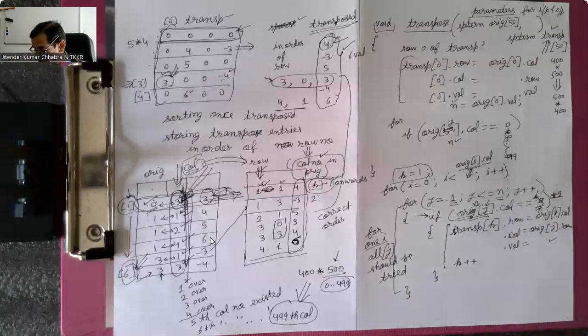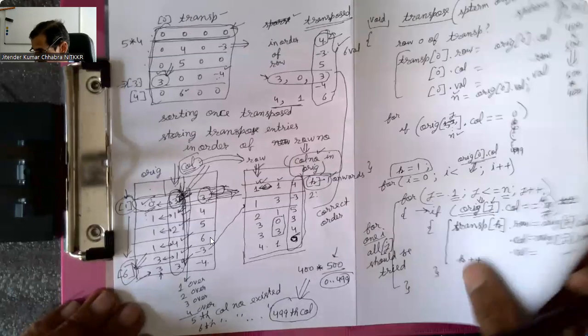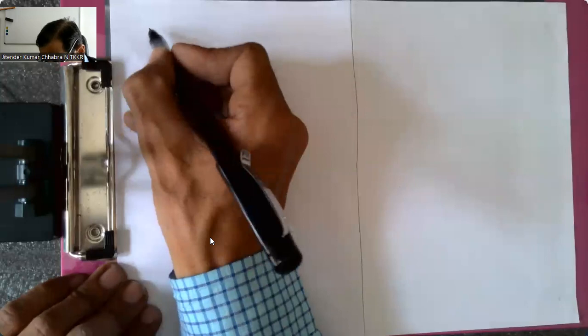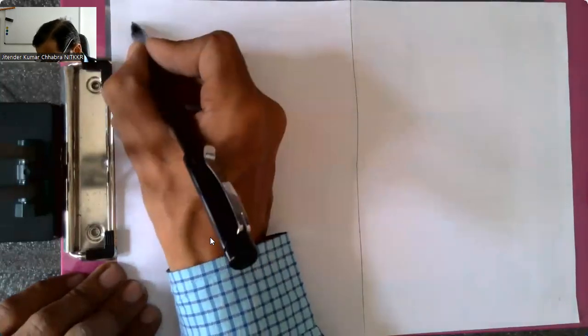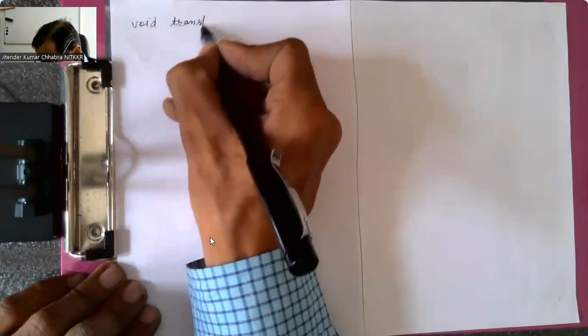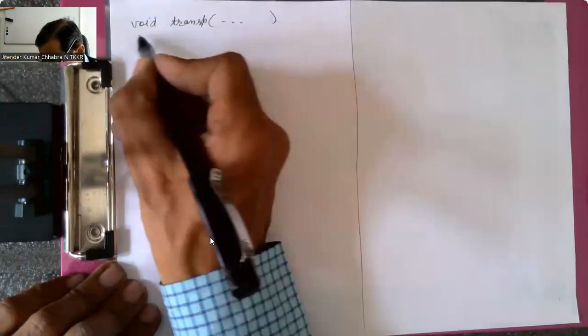I think this much explanation is simple and sufficient for you to try. Just for your convenience, I will write my transpose function and inner logic with more clarity so that you can think of doing it now.